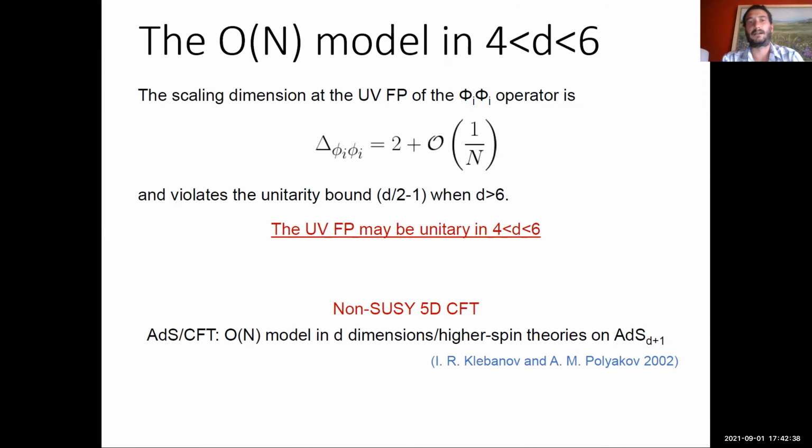The range where the ultraviolet fixed point may exist and be described by a unitary theory is between 4 and 6 dimensions. This is interesting also because it provides an example of a non-supersymmetric 5-dimensional CFT, which may be of relevance for holography. In fact, it's believed the O(N) model in d dimensions has a holographic dual in terms of higher-spin theories on AdS in d+1 dimensions.